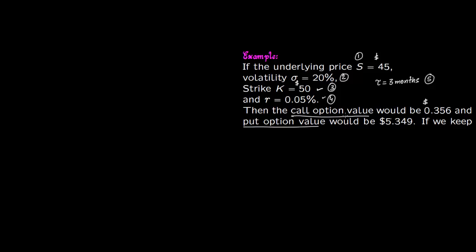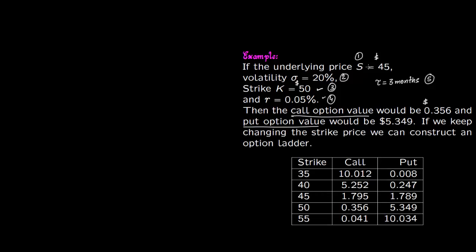Now you can keep changing the strike price. We keep spot price, volatility, risk-free rate and tau constant, and we continue changing the strike price. If you do so, you can construct an option ladder. At a strike price of 35, call is 10.012, put is 0.008. At a strike of 40, call is 5.252, put is 0.247, and so on.